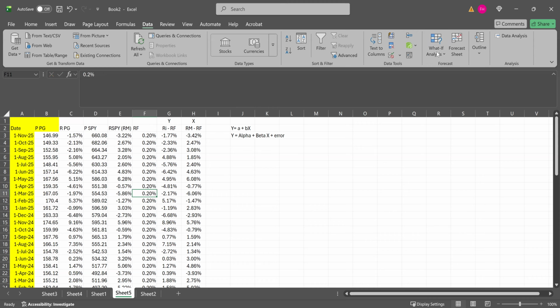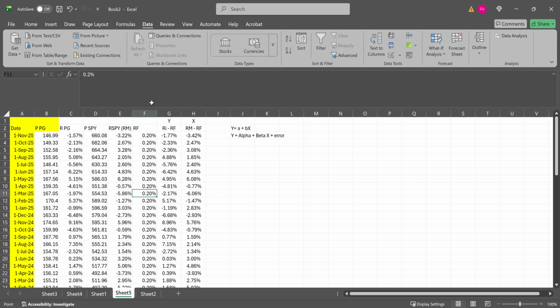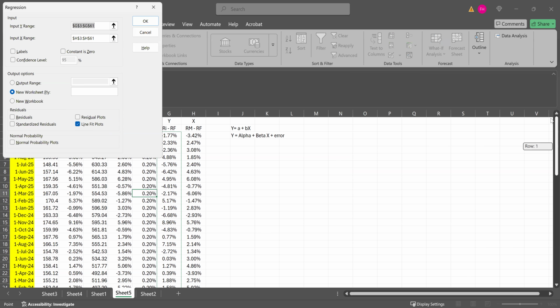So I'm going to again go to data, and I'm going to choose data analysis. So regression. Then for the cells, they're still the same. For Y, I have the values of Ri minus Rf.